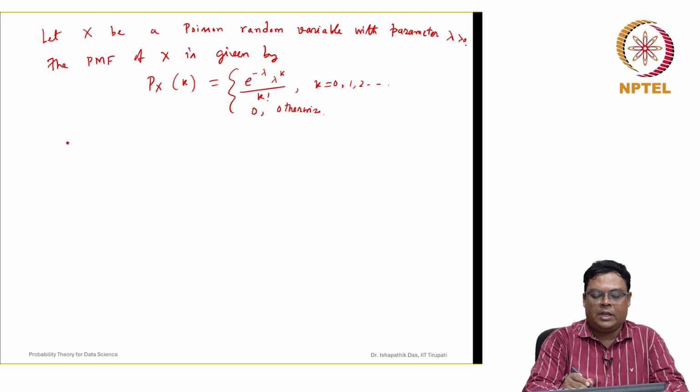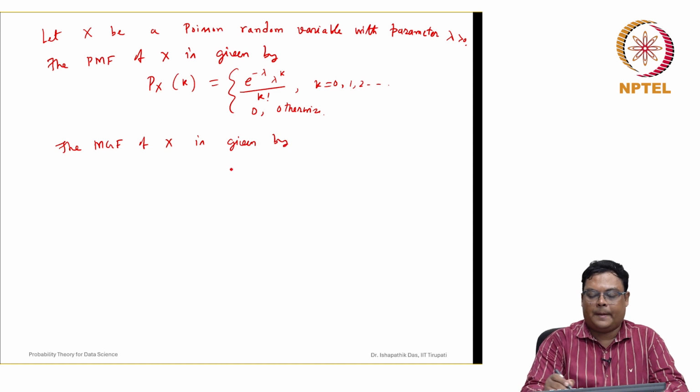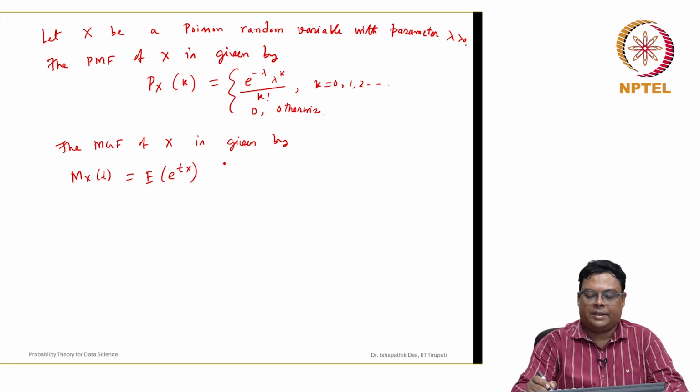Then we can find the moment generating function from the definition. The moment generating function of X is given by M_X(t) equal to the expected value of e to the power of tX.